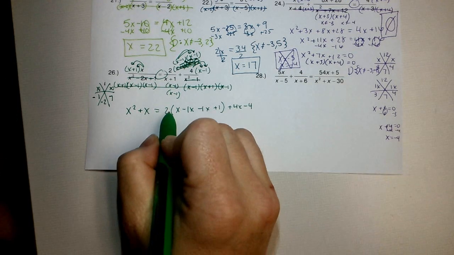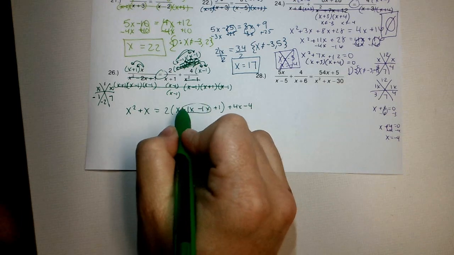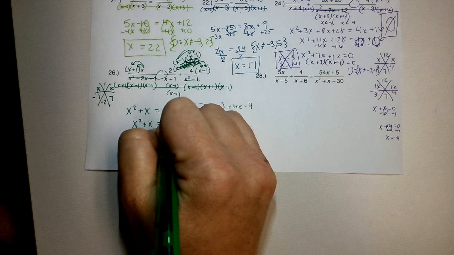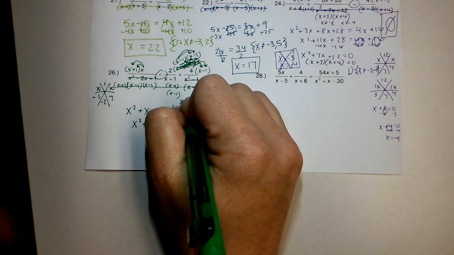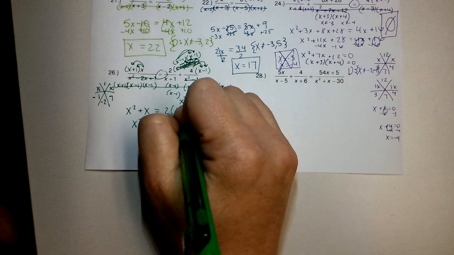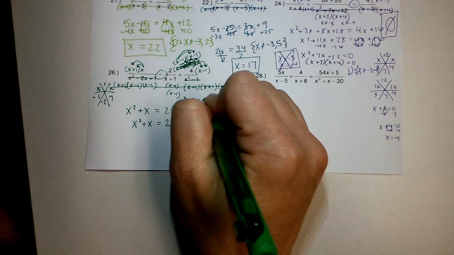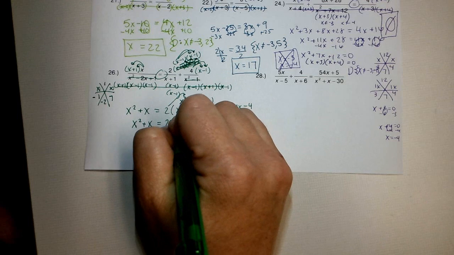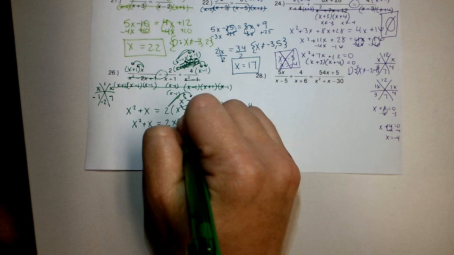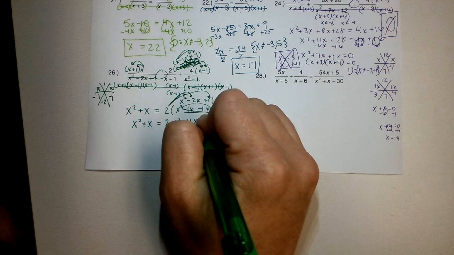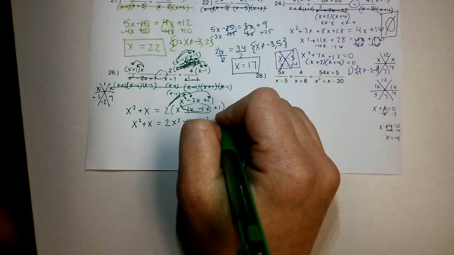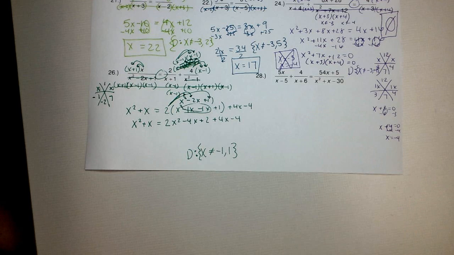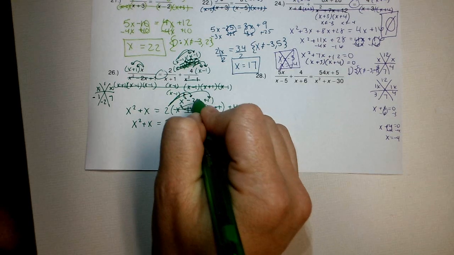Okay, so now we just need to distribute this, but I'm going to combine these first. So I get x squared plus x equals 2. This simplifies to x squared minus 2x plus 1. So that gives me 2x squared minus 4x plus 2 plus 4x minus 4, because remember, I simplified that to that.